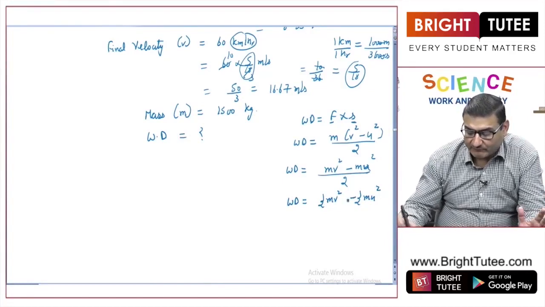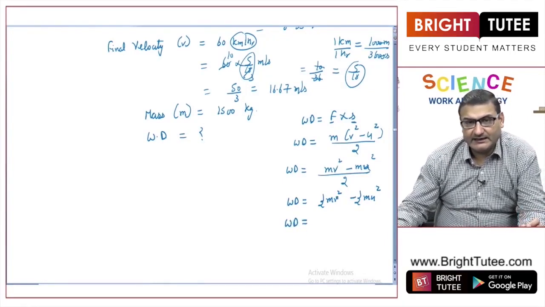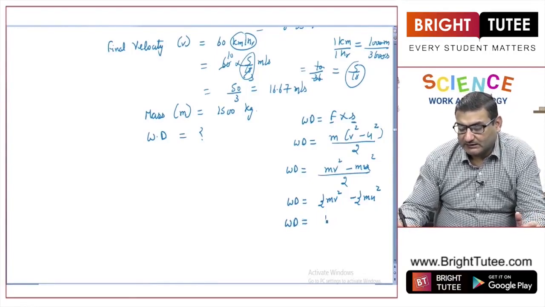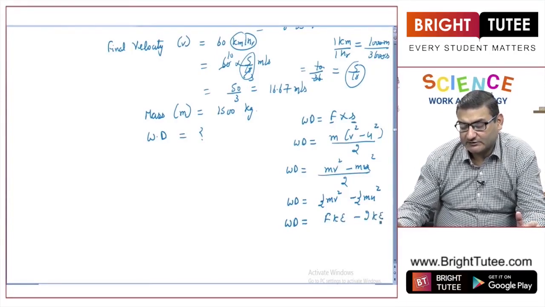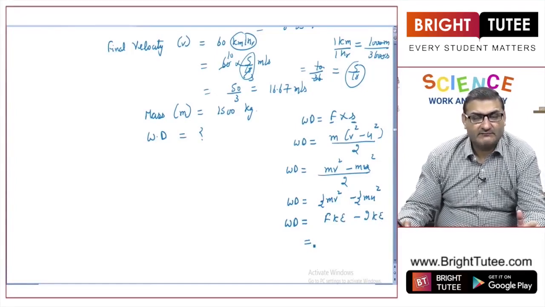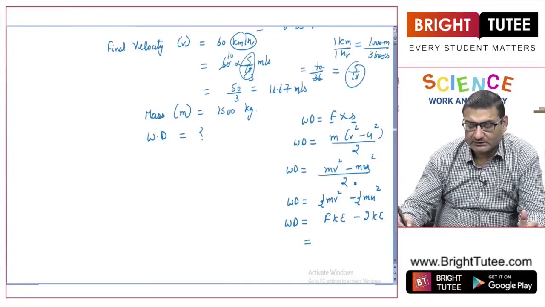Otherwise, work done is equal to the final kinetic energy of the body minus the initial kinetic energy of the body, or we can say that it is the change in velocity or kinetic energy of the body. So this all is one and the same thing.